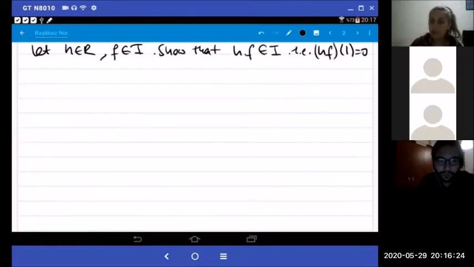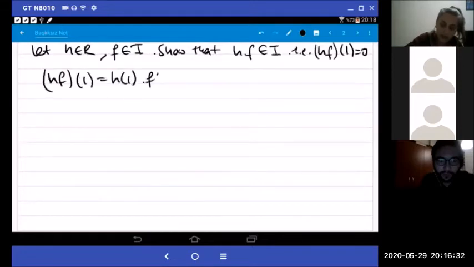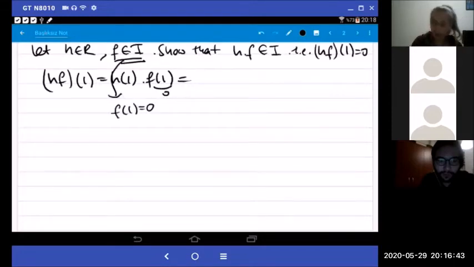As I said, the multiplication is also component-wise. So hf evaluated at 1 means h of 1 times f of 1. And here we know that f is taken from I. This means that f of 1 is equal to 0. So this is 0. And 0 times something in real numbers gives you 0.